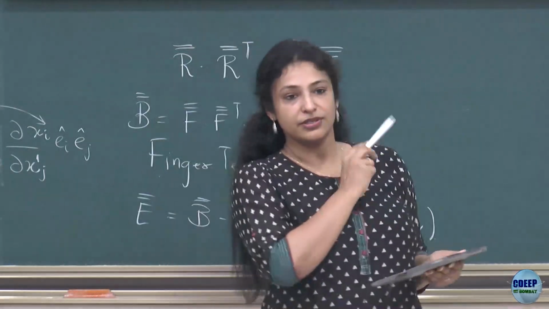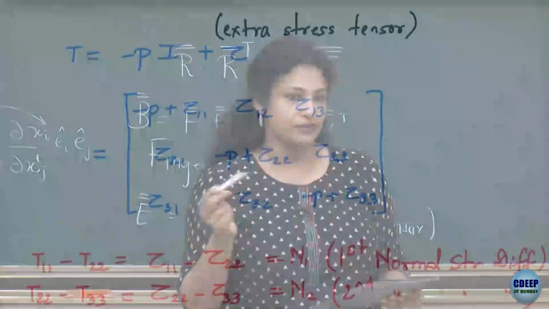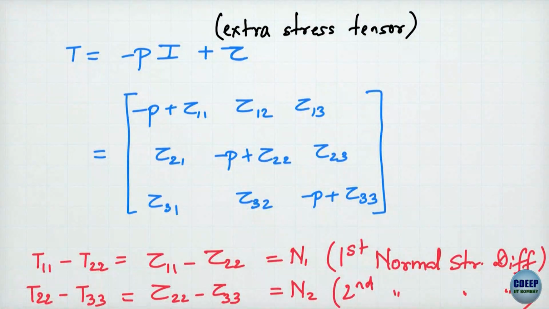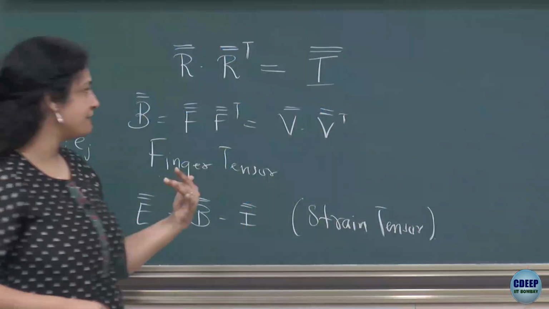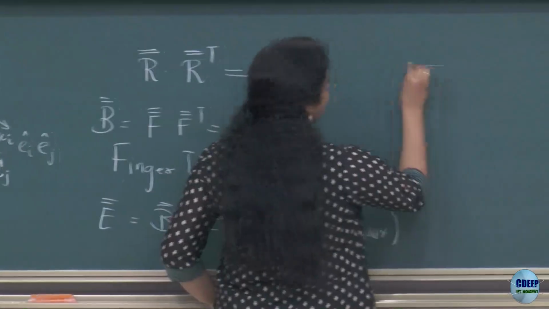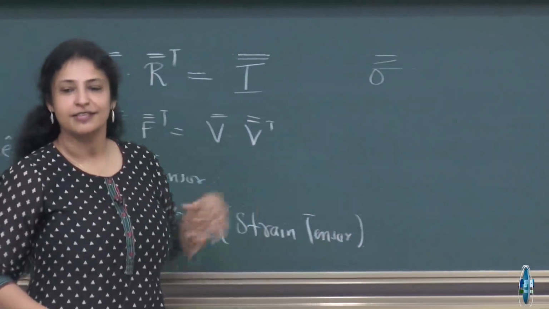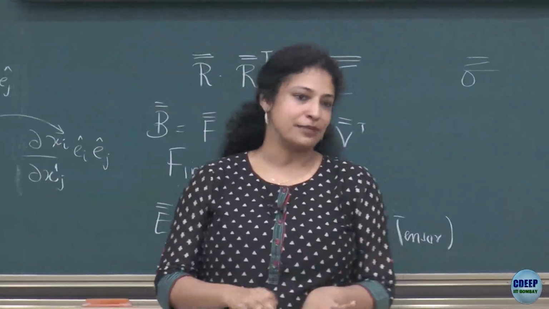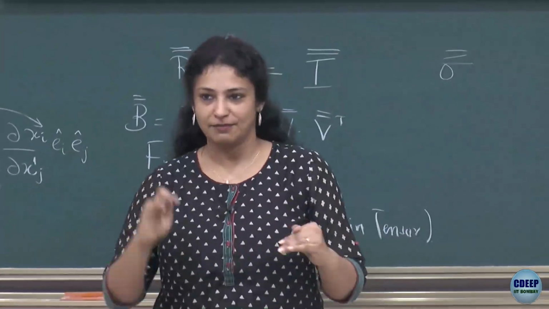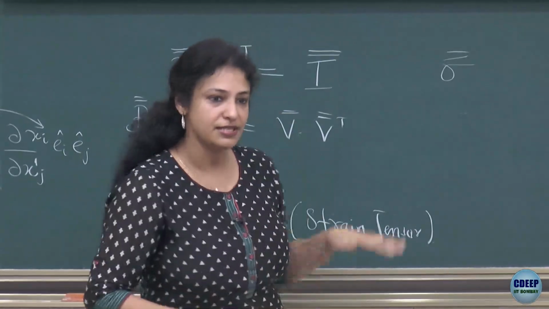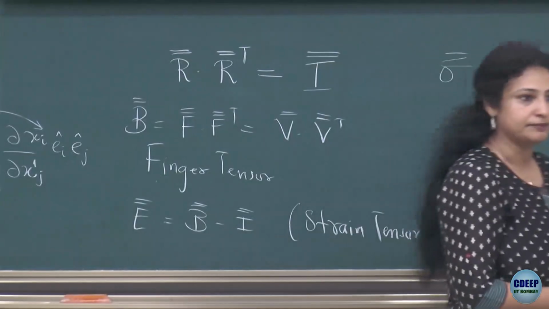Now, just to recall, we have already defined the stress tensor. One thing I forgot when incorporating these slides is that in the previous class when we defined the stress tensor, we were using the symbol sigma, but somehow in these notes I have taken capital T as the stress tensor. So, it is the same thing, but just make a note of that.